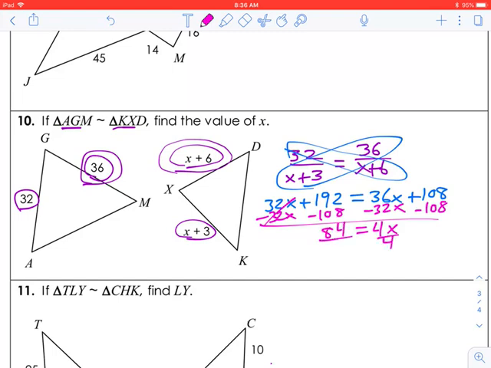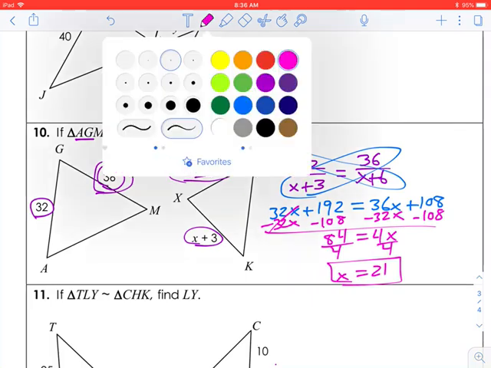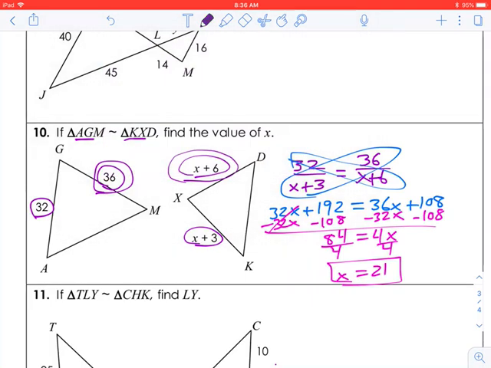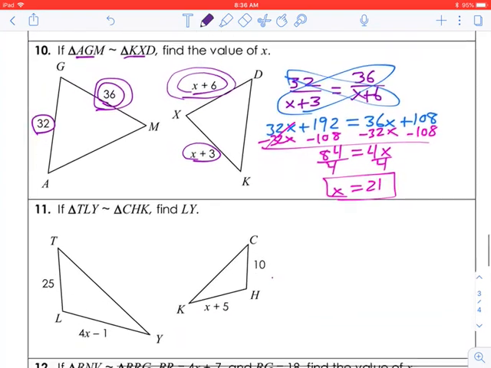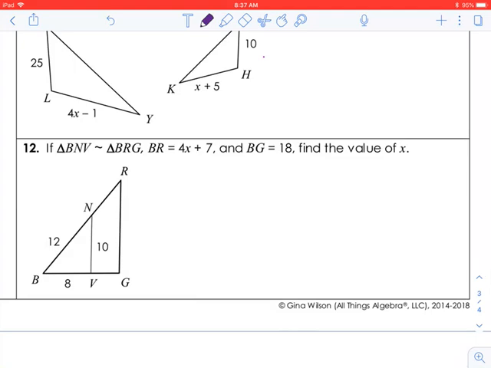And then I divide by 4, I get x equals 21. There we are. Found the value of x. So if it says they're similar, you got to trust that and use the proportionality. Set up a proportion. The last one we're going to look at is right here.